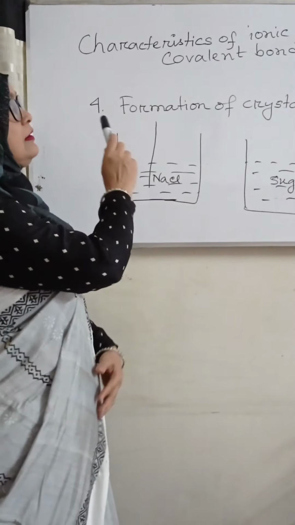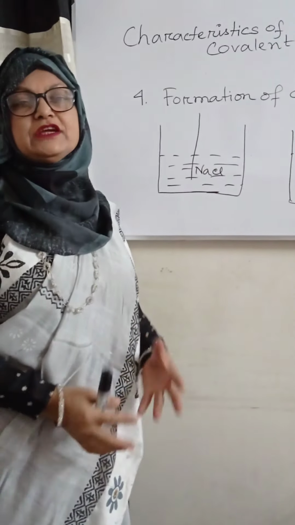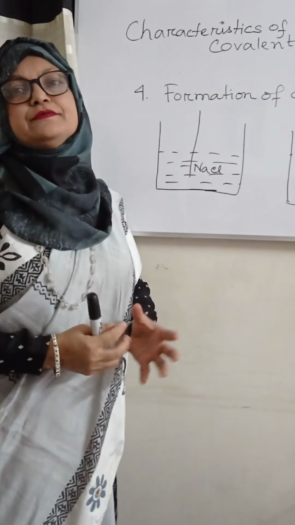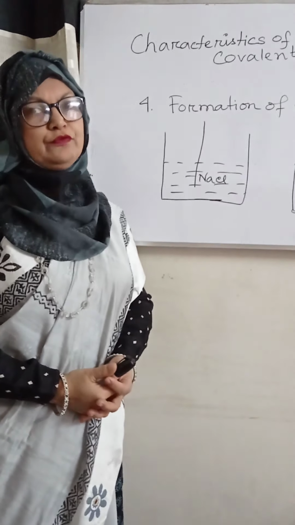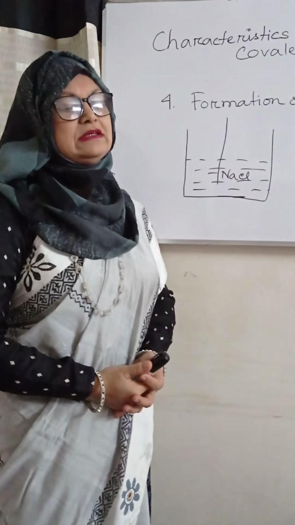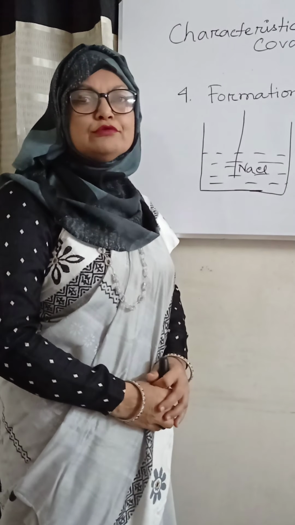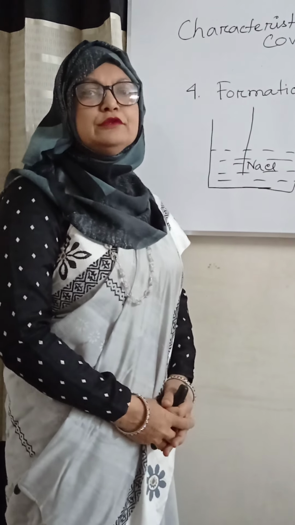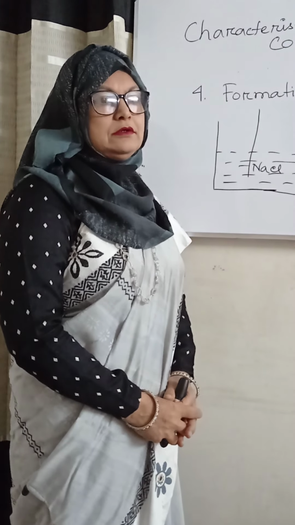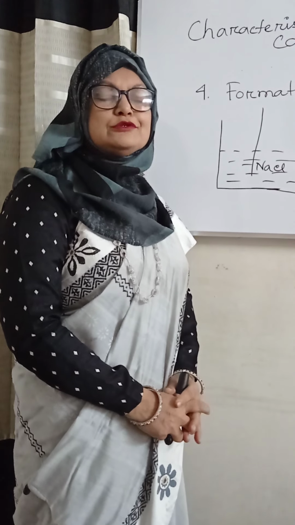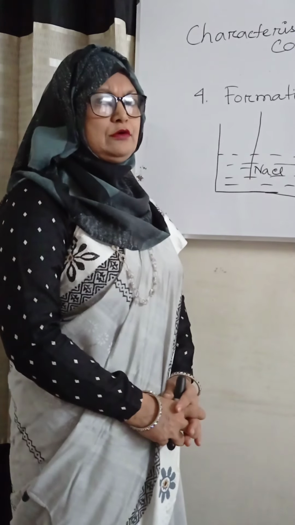Now, from the characteristics of ionic and covalent bonds, we can differentiate between two types of compounds: ionic compounds and covalent compounds. Such as, at first we can say the compounds consisting of ionic bonds are called ionic compounds, and on the other hand the compounds consisting of covalent bonds are called covalent compounds.